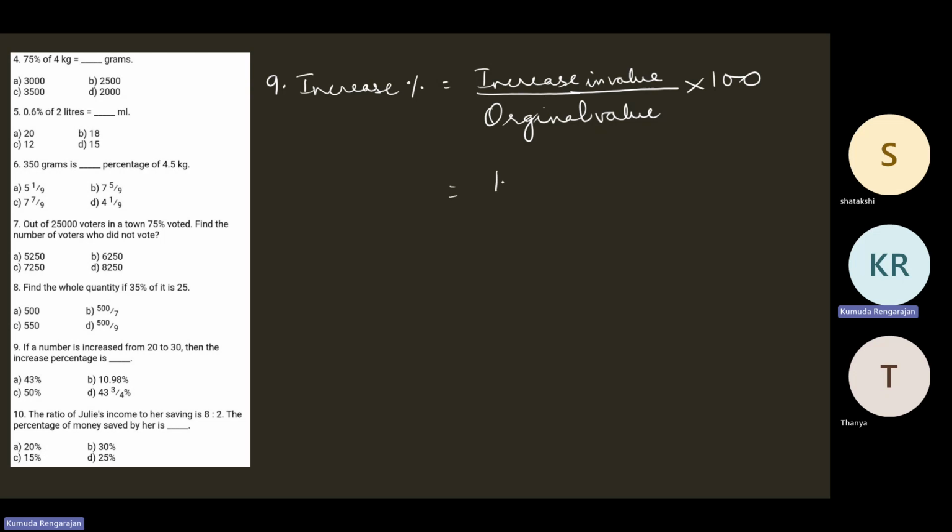The increase is 10. By the original. What was the original? From 20, it became 30. So original is 20. Increase is 10 by the original 20 into 100. So it's 50. Understood now?